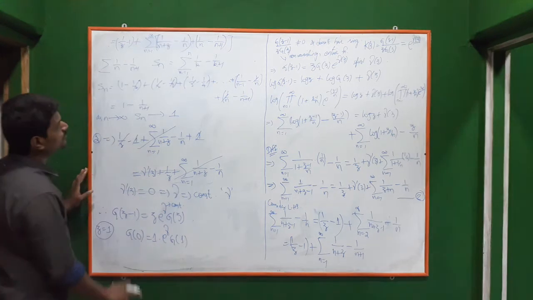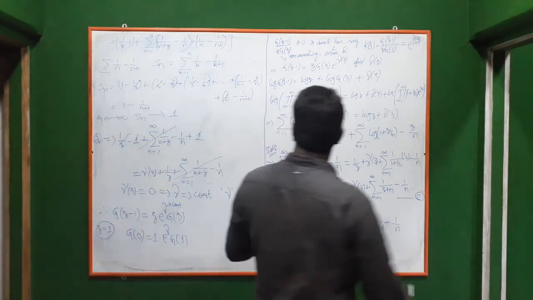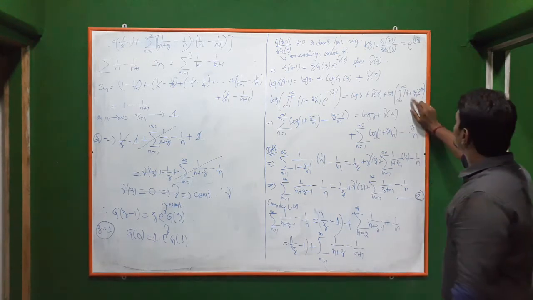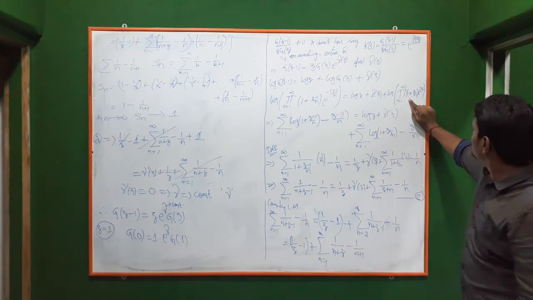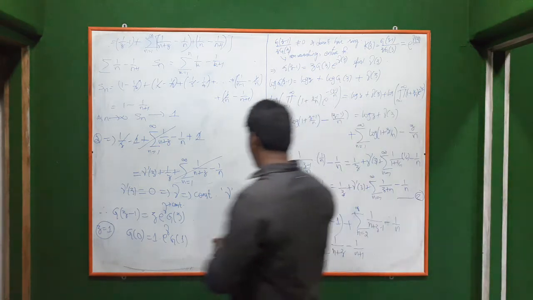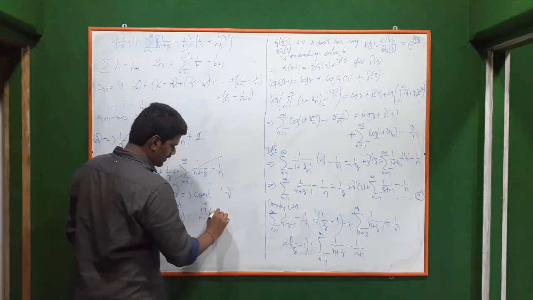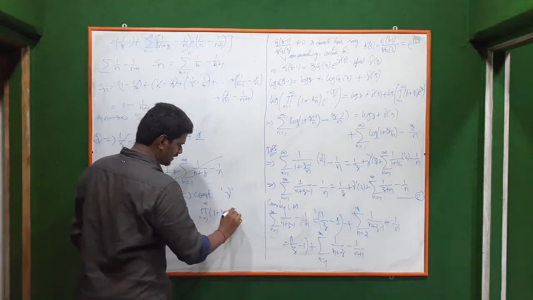So what is g of 0? G of z is this product, correct? G of 0 will be the product n from 1 to infinity, 1 plus z by n e power minus z by n.